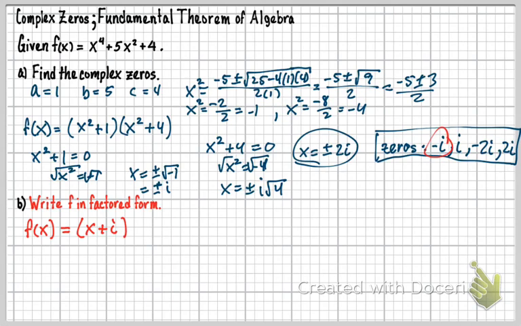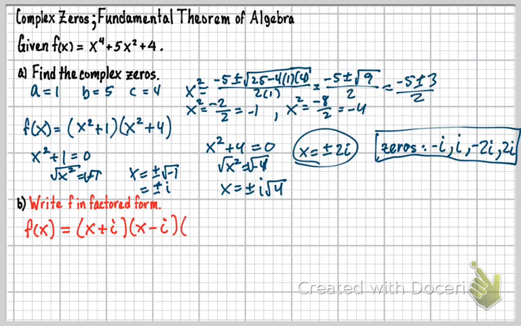I hate when people say that, but it's usually how they think of it. I think of it this way: what makes it 0? Negative i, and that's my zero there. So this is going to be x minus i if I plug that positive i in here, it's going to make it 0.